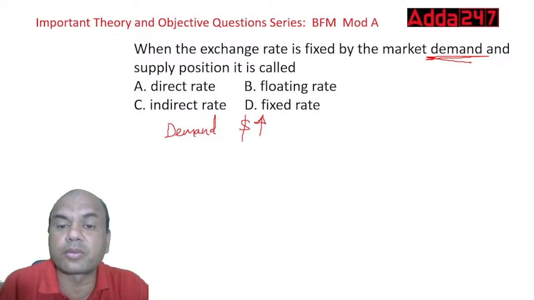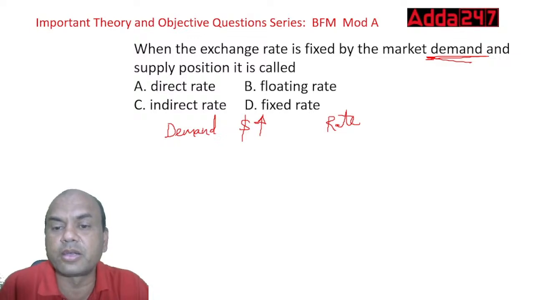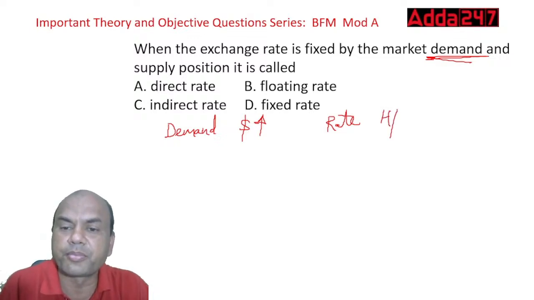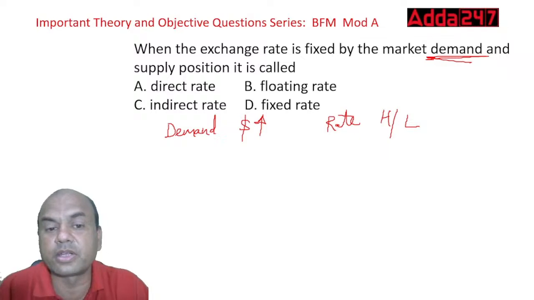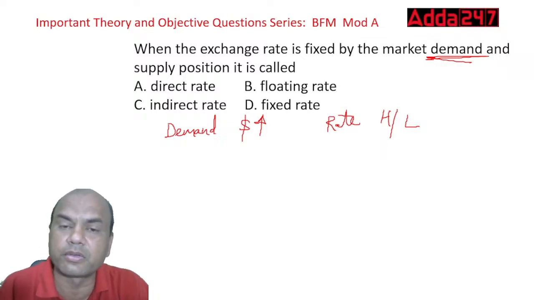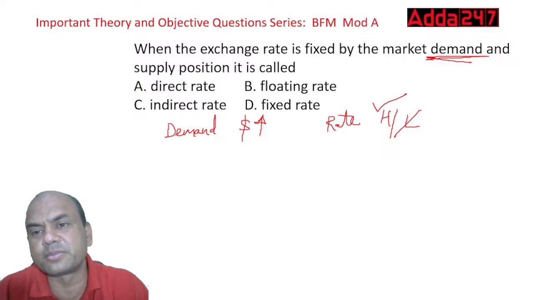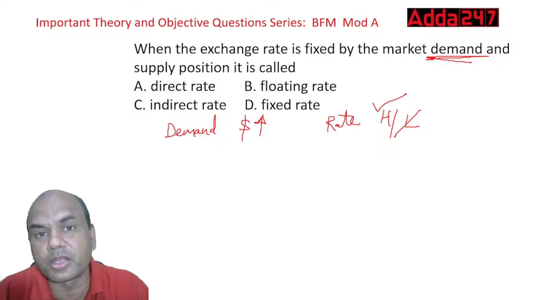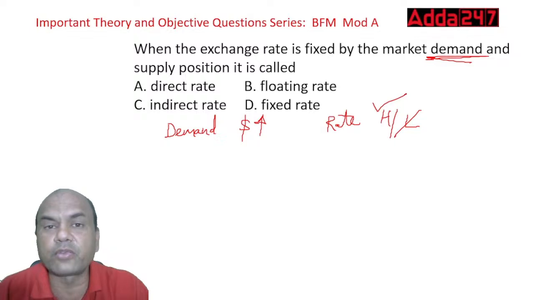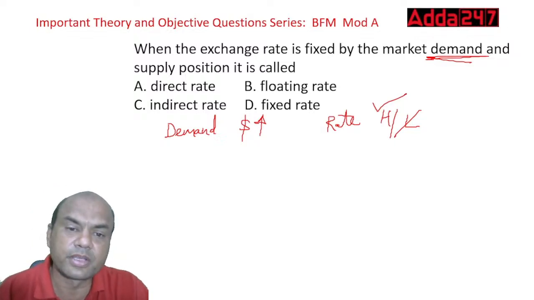The rate for dollar will be high or low? Just type H or L. If the demand for dollar is high, will the rate for dollar be high or low? It is high, correct? Our logic is very simple. If the demand for any commodity is high, the rate for that commodity will go up, right?